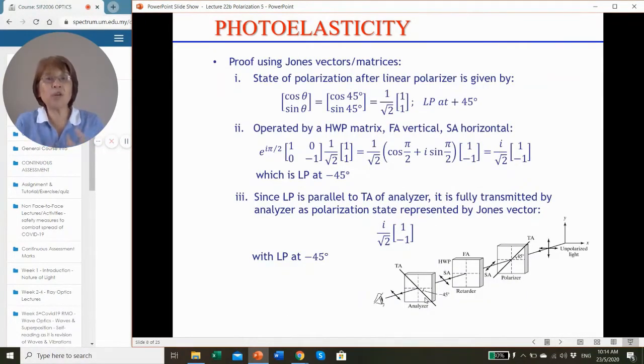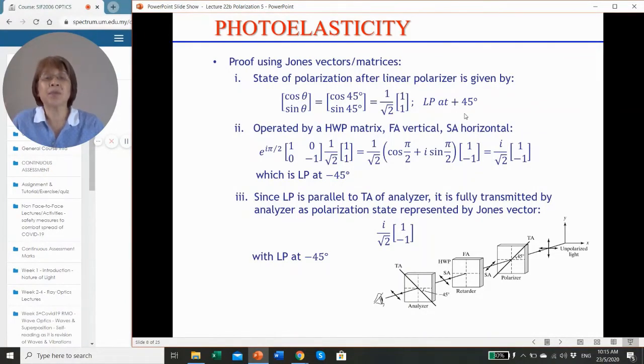Now, to prove it mathematically, let's use Jones vectors and matrices. The state of polarization after the linear polarizer, we can write in this form, that's the Jones vector, whereby the angle is 45 degrees, and that will give you the state of polarization given by this two-element column matrix, 1, 1, so linear polarization inclined at a 45 degree angle.